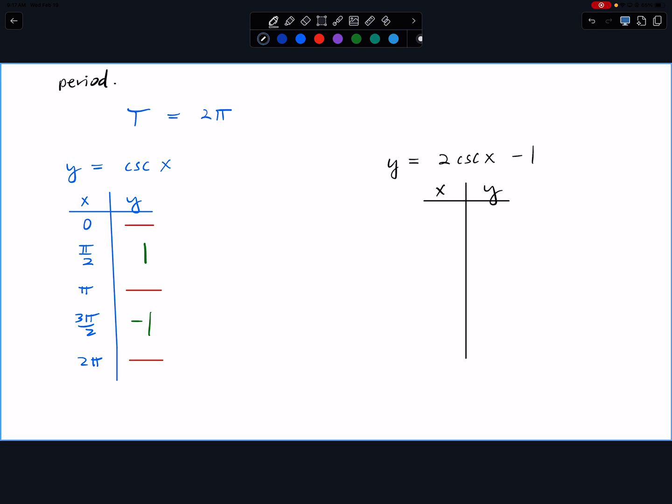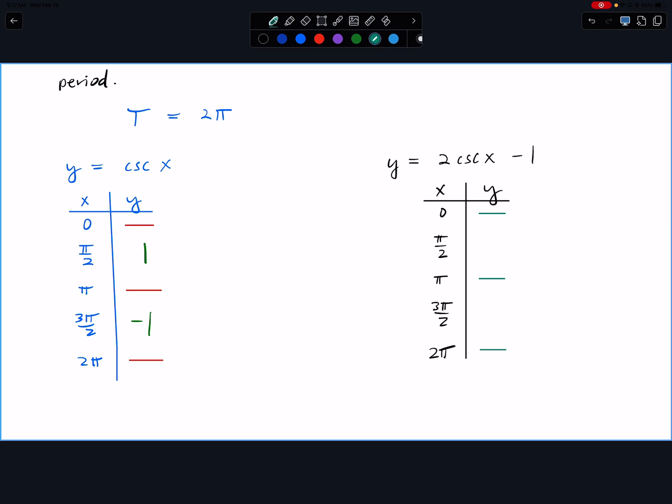Okay, did our period change? No. So are my x's going to change? No. So same x's. So 0, pi over 2, pi, 3 pi over 2, and then 2 pi. Asymptote, asymptote, asymptote.